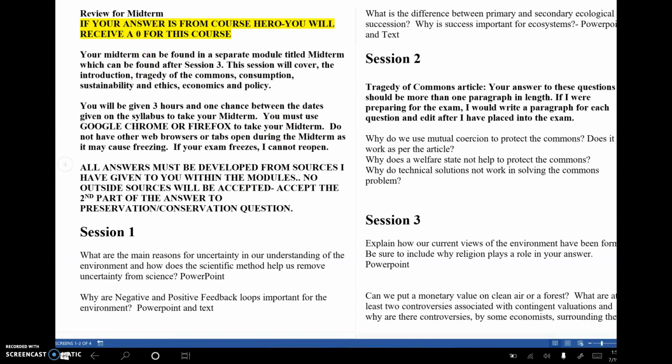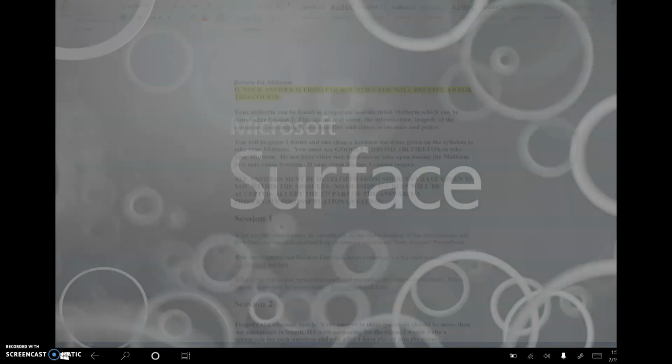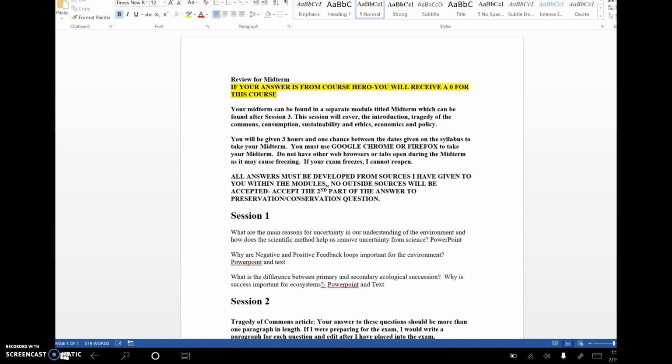First things first: in the past I've had students post questions on Course Hero, and then the tutors on Course Hero answer the questions for them. One of my big issues with Course Hero is, number one, it's cheating. Number two, I have not given permission to ask Course Hero any of the questions that I've produced. The other thing is Course Hero uses sources that I have not given you.